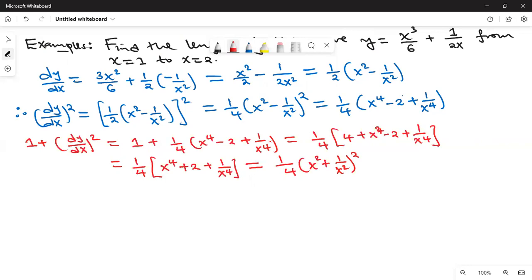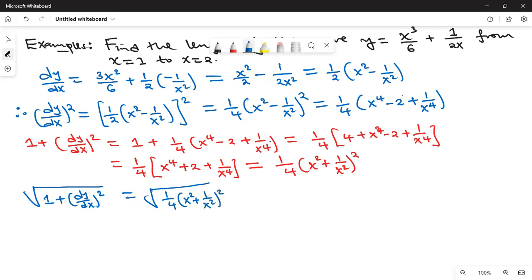And so that's our 1 plus dy over dx squared. So I need the square root. So you can now say that the square root of 1 plus dy over dx squared is simply the square root of what we have found, 1 over 4 times x squared plus 1 over x squared, and this is supposed to be squared.